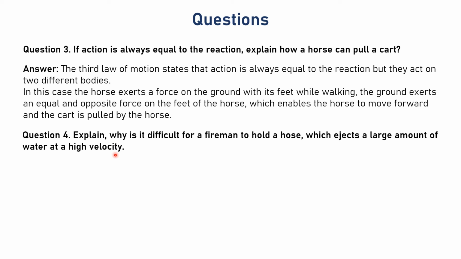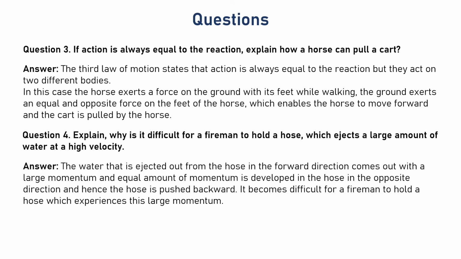And of course, the total initial momentum of a system equals the total final momentum, so that momentum has to be balanced. So the water exerts a force on the hose, and because of that it's very difficult for a fireman to hold that pipe. Okay, so let's see the answer.